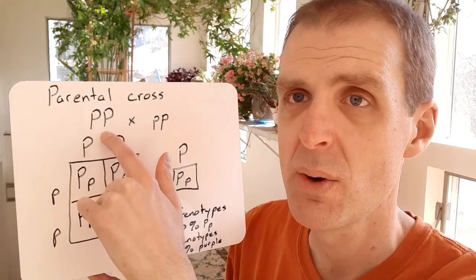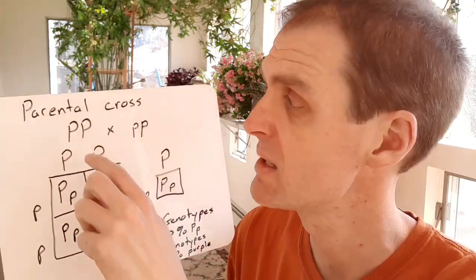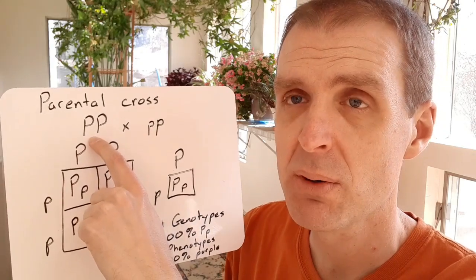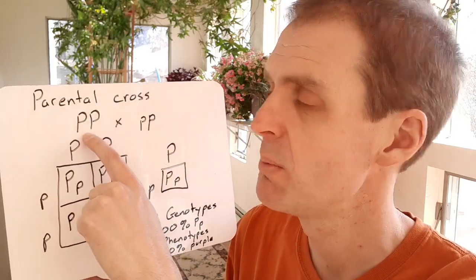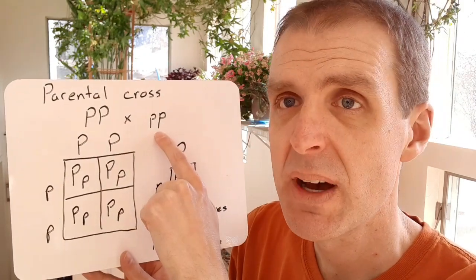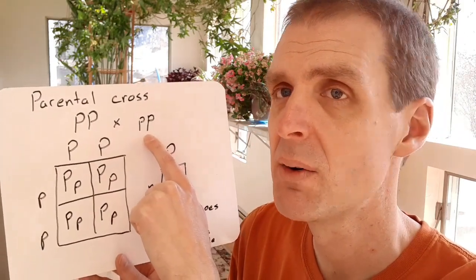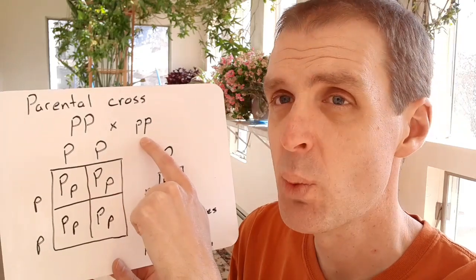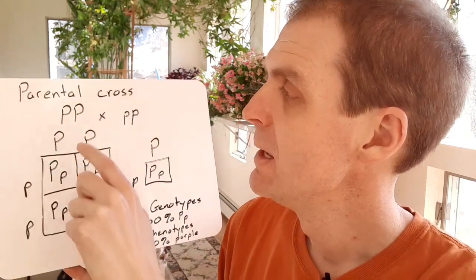And here we're going to do a parental cross where one parent is homozygous for the capital P allele. That would be a purple flowering pea plant. And then here we've got the lowercase p allele, and those would produce the white flowers.